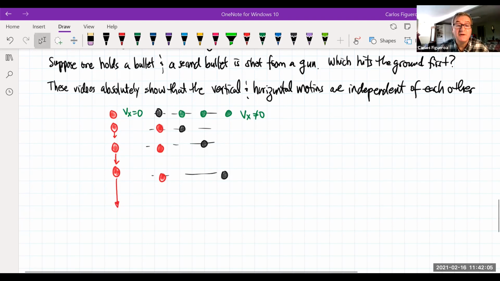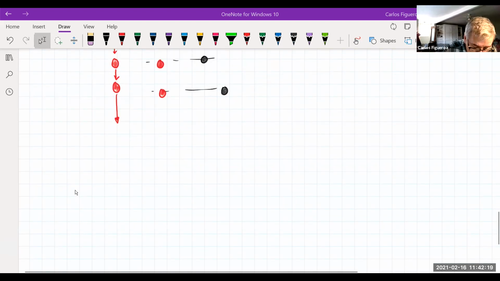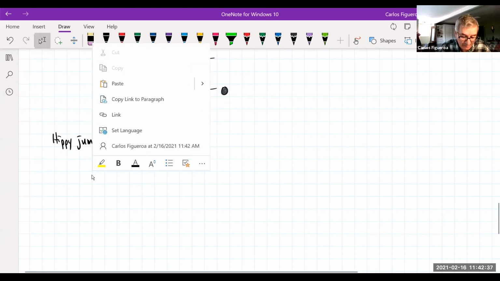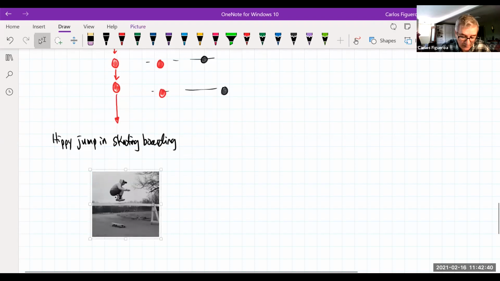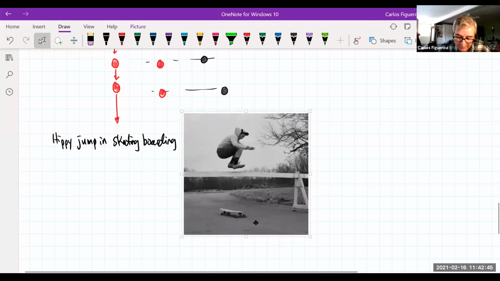Now, to further stress this thing, there's this thing called, what do they call it? I think they call it the hippie jump, if I remember correctly. Right? So then there's the so-called hippie jump in skateboarding. And what you're seeing in the hippie jump here, what you typically find here is that a person is riding a skateboard and they jump over a barrier.